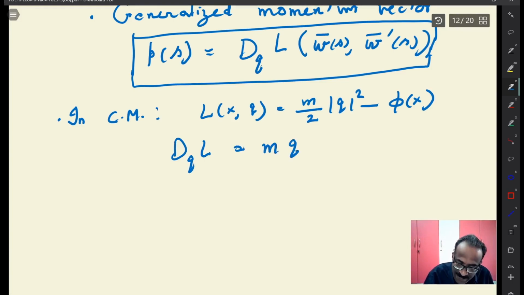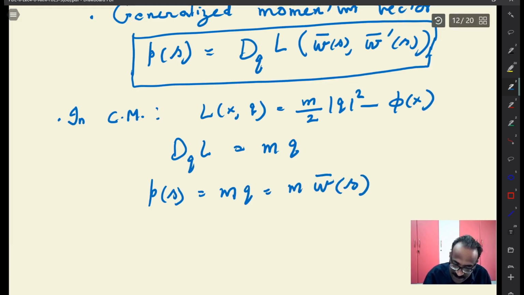So d_q of L evaluated, I told you that q represents a velocity. So your P of s is in this case mass times q, where q is W bar prime of s.